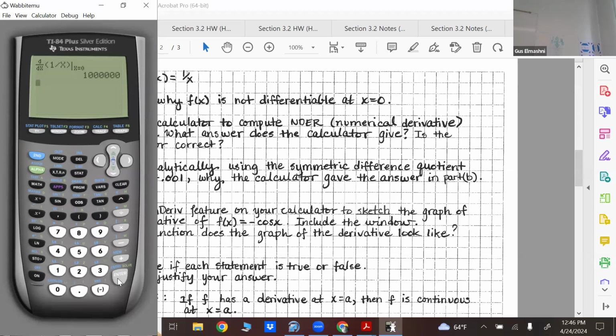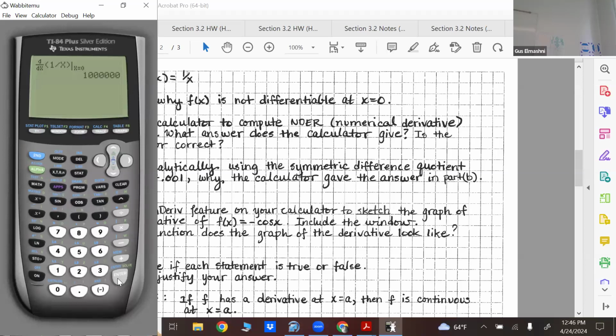I think it's doing f of 0.001 minus f of negative 0.001, over 0.001 minus negative 0.001. This is called, in case you're curious, the symmetric difference quotient. So it's not quite, yes, it is an average rate of change. So 1 over x, we know is this, right?